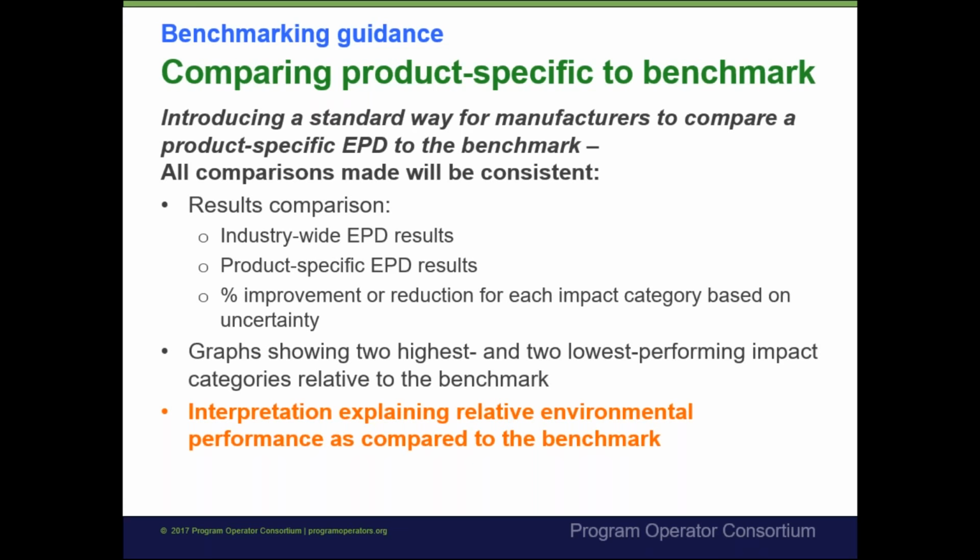So graphs compare the 2 highest and lowest performing impact categories relative to the benchmark, but it's not enough to show data side by side. So we're requiring that the manufacturer explain the relative environmental performance shown in these results and graphs, and then what they're doing to achieve this performance.